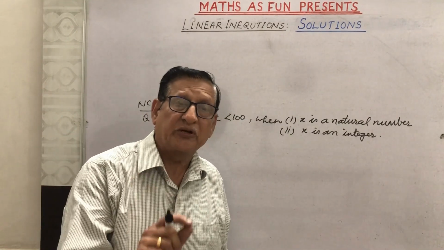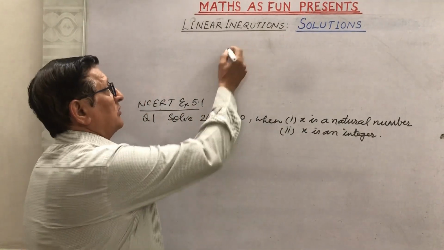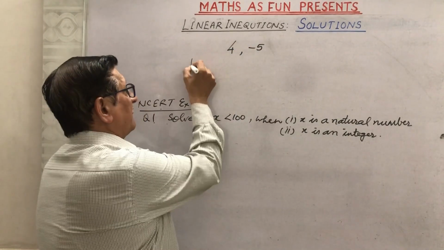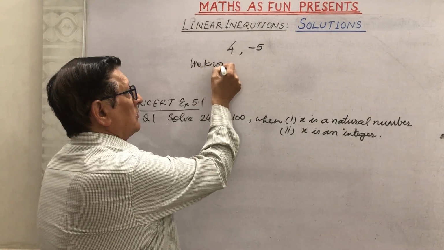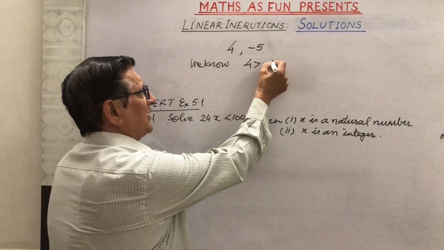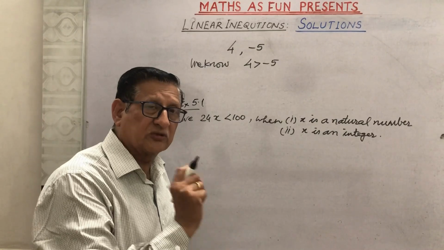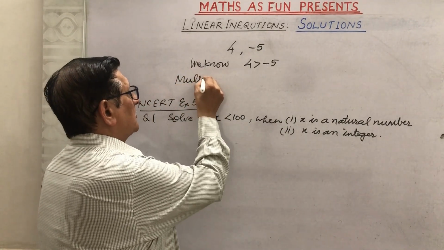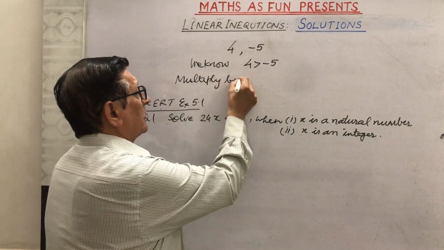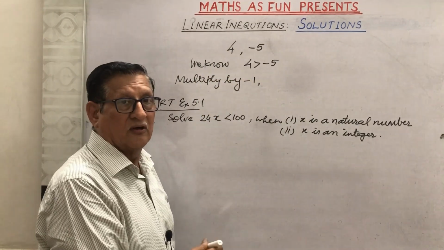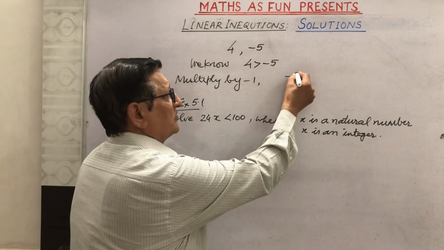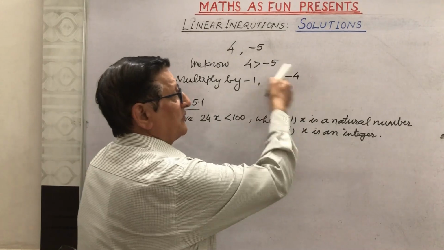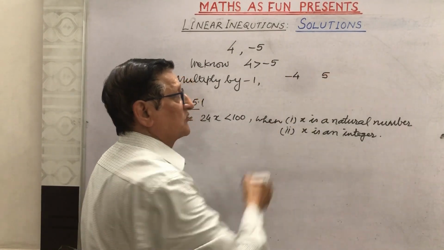To understand this point easily, we take two numbers. Suppose we take 4 and minus 5. We know that 4 is greater than minus 5. If we multiply both sides by minus 1, 4 multiplied by minus 1 becomes minus 4, and minus 5 multiplied by minus 1 becomes 5.